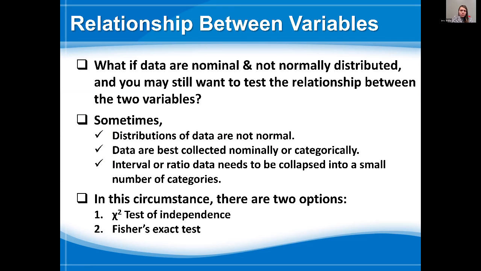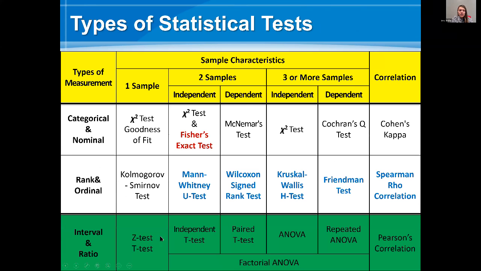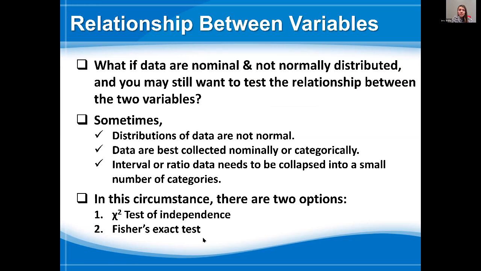So, as you know, if the data is interval or ratio and we have two independent samples, we're just going to do an independent t-test. But what if data are nominal and not normally distributed? And you may still want to test the relationship between the two variables. Sometimes distributions of data are not normal.